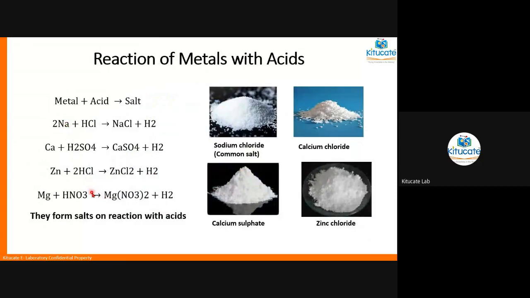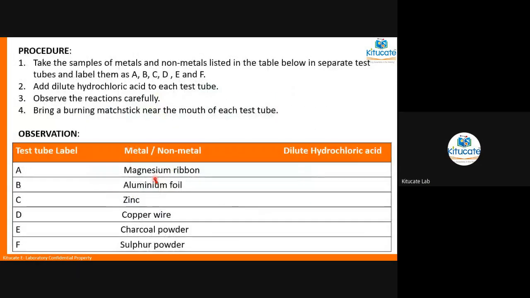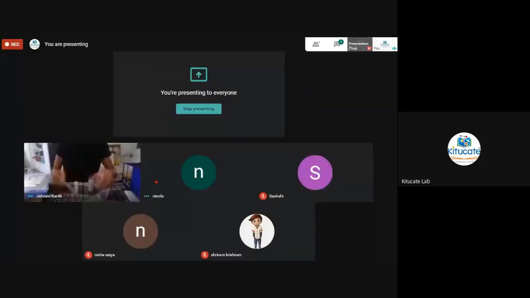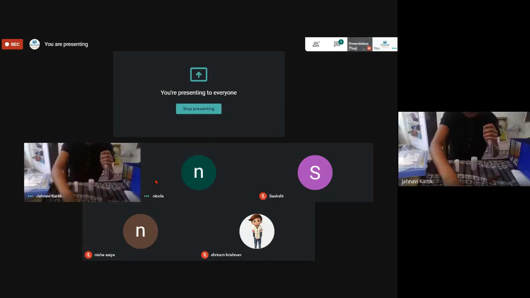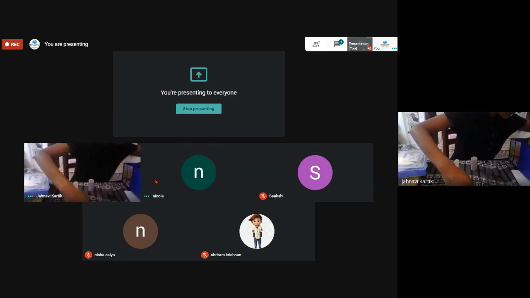Janvi is going to use copper, right? I have copper wire. Okay, see if it works. Yeah, copper wire can be used for HCl. Just put a few small pieces of it in the test tube, and then add hydrochloric acid. We have to cut this.